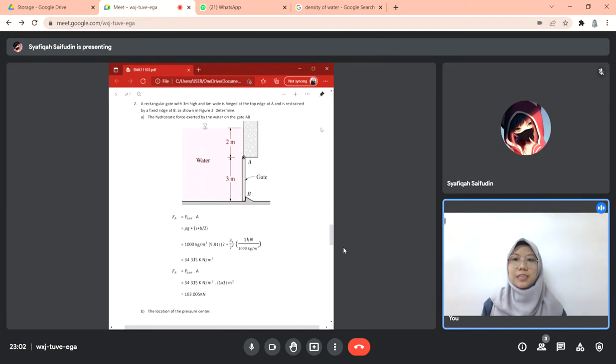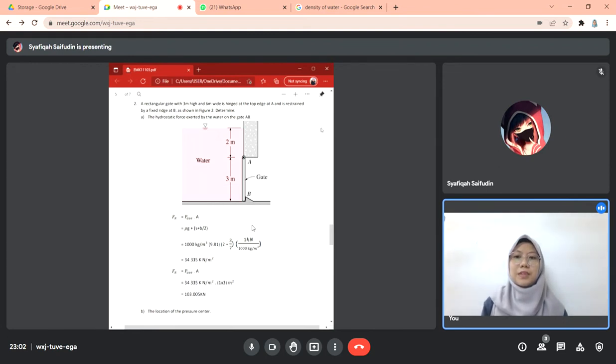So from this figure, I got the information, which is the height of the gate AB, and I can find the hydrostatic force by using a formula P average multiplied with the area.